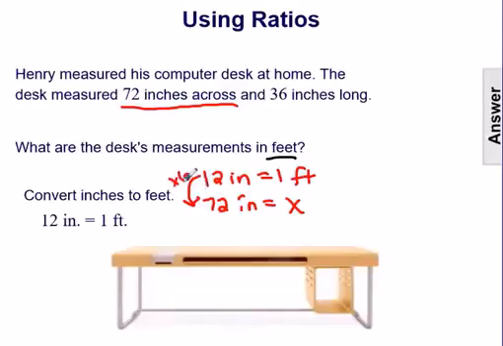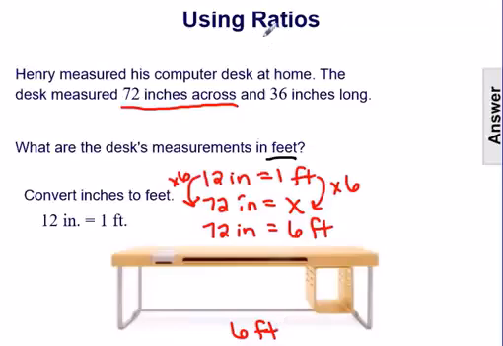You could always do 72 divided by 12 to help you with that. So let's multiply 1 foot by 6 to find out that 72 inches is going to equal 6 feet. So across, this desk is 6 feet long, or wide.